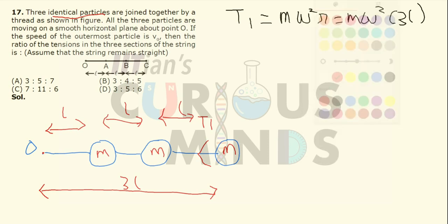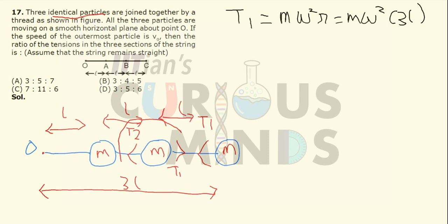For the second string, the same T1 will act in the right hand side direction. There will be one more force T2 in the left hand side direction. This is the total free body diagram of the second particle m, and the resultant is inwards. Obviously T2 will be greater than T1, because the resultant, the centripetal force, is towards the center, that is towards the left hand side. So it will be equal to m omega square r.